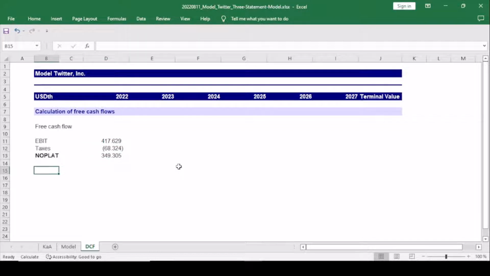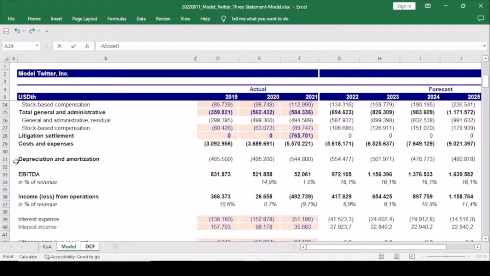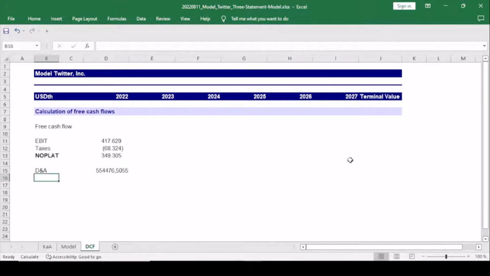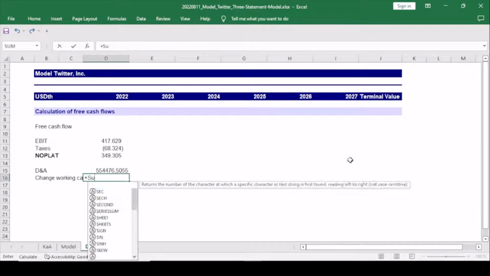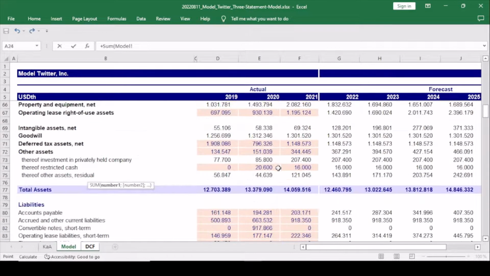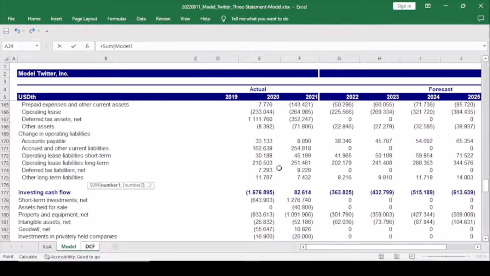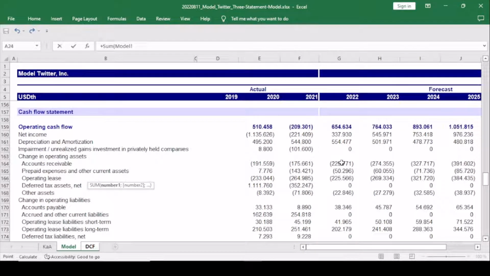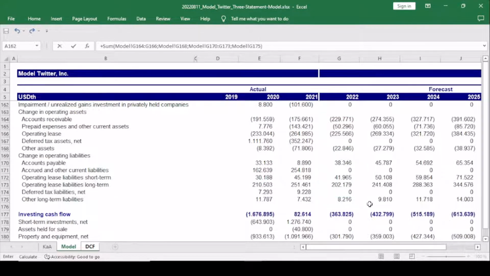The items we consider either have no cash effect, like depreciation and amortization, or are part of working capital, which we link from our cash flow statement defined in the model sheet.